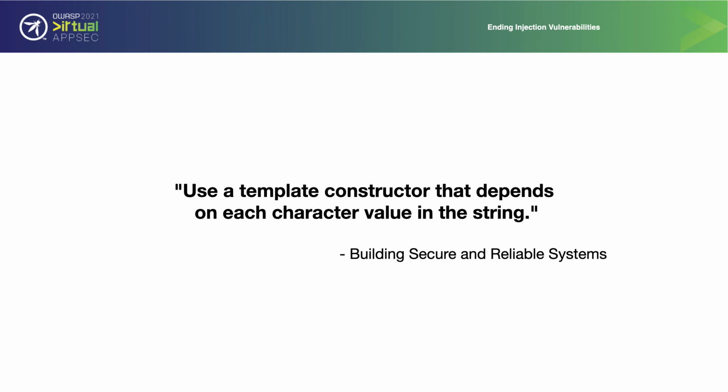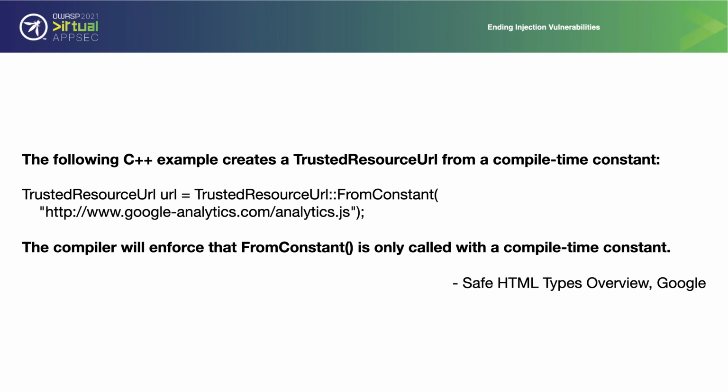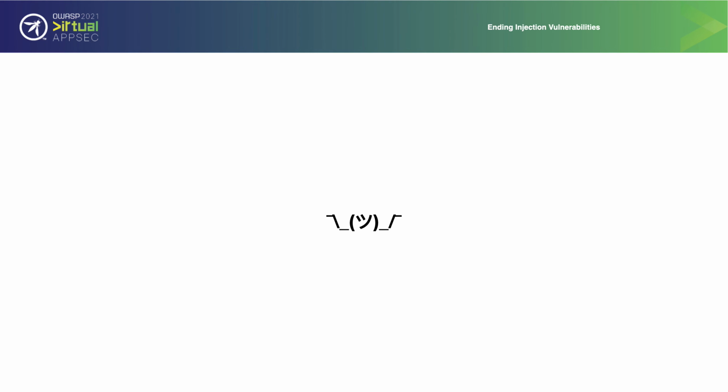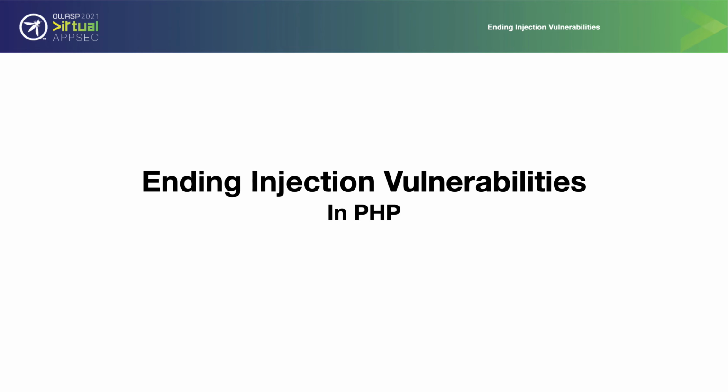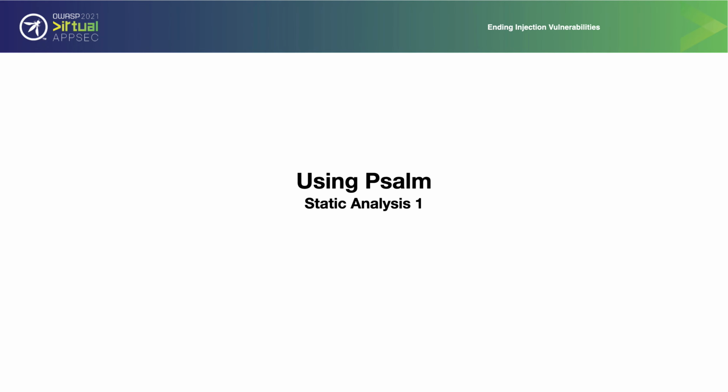The Building Secure and Reliable Systems book has a single line quote of using a template constructor that depends on each character value in the string, but no examples, and I'm not entirely sure what that is. And likewise, Google have written up a document called Safe HTML Types Overview, and they have a small quote there where they talk about using from constant, but again, there's no real examples of how that works, so I've not been able to get there.